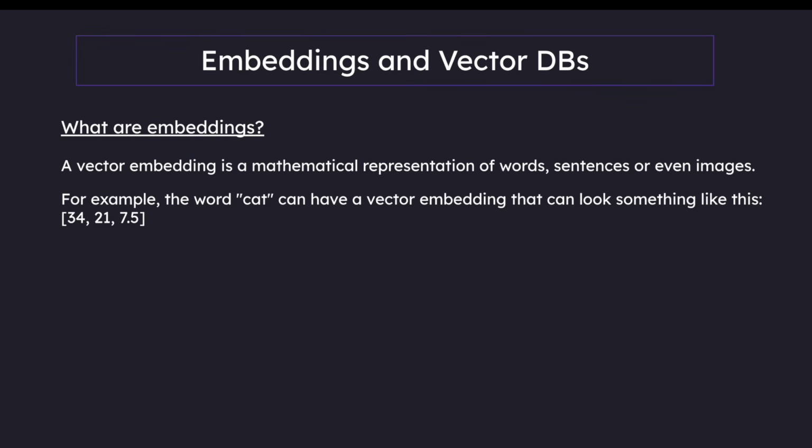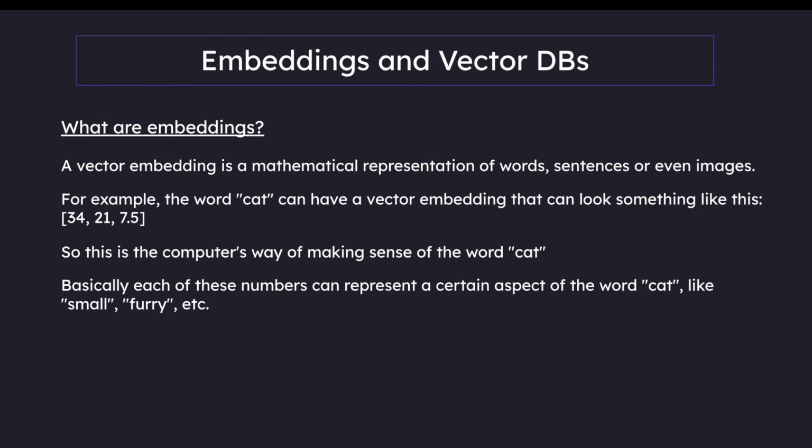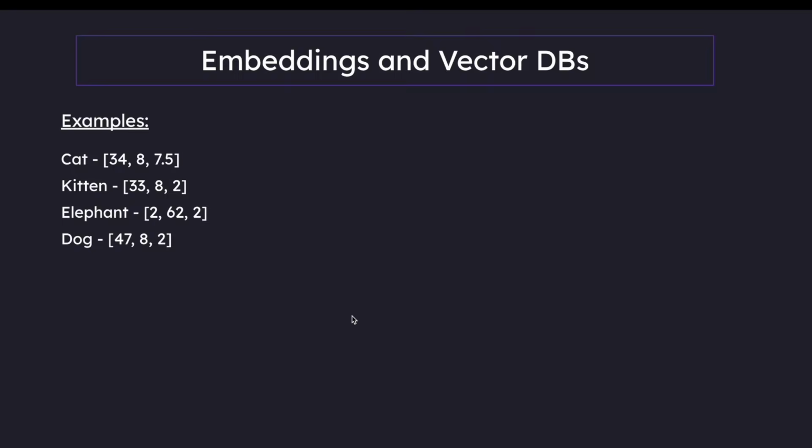For example, the word cat can have a vector embedding that looks something like this. This is the computer's way of making sense of the word cat. Each of these numbers can represent a certain aspect of the word cat, like small, furry, or that it could be a pet. All this information is captured in this mathematical representation.